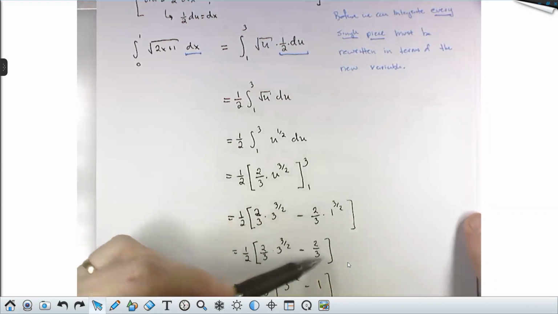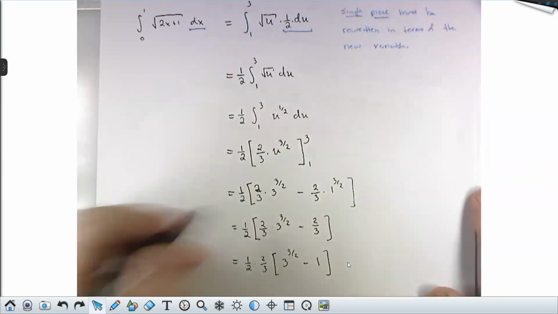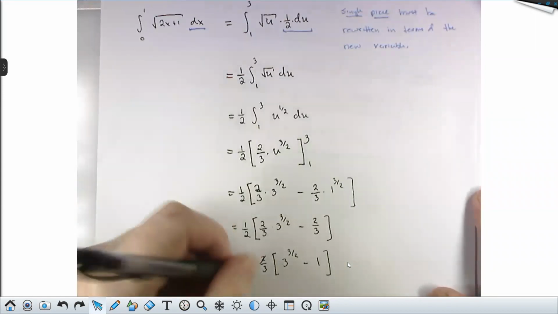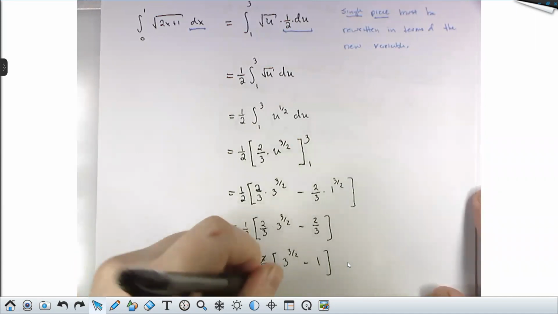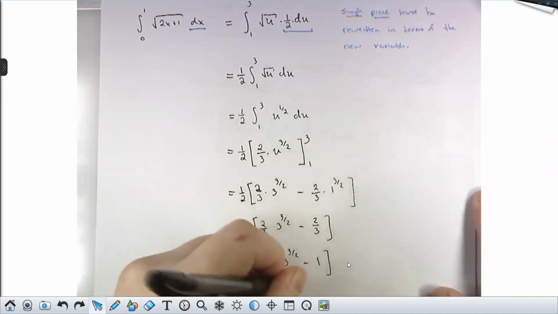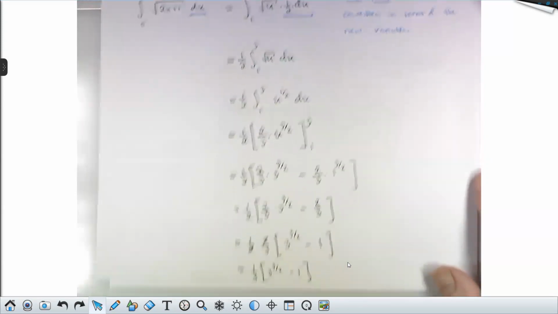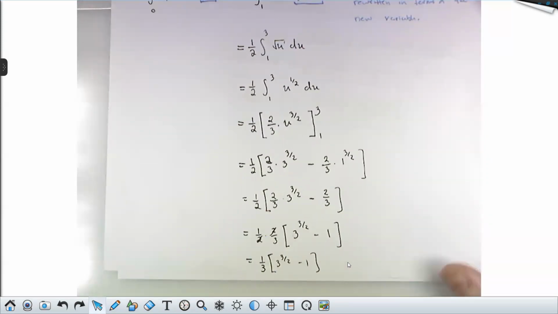And when you factor a 2/3 from this, it'll just become minus 1. The 2's cancel here. And you get 1/3 times 3 raised to the 3/2 minus 1. And that's plenty nice. You don't need to do any more than that.